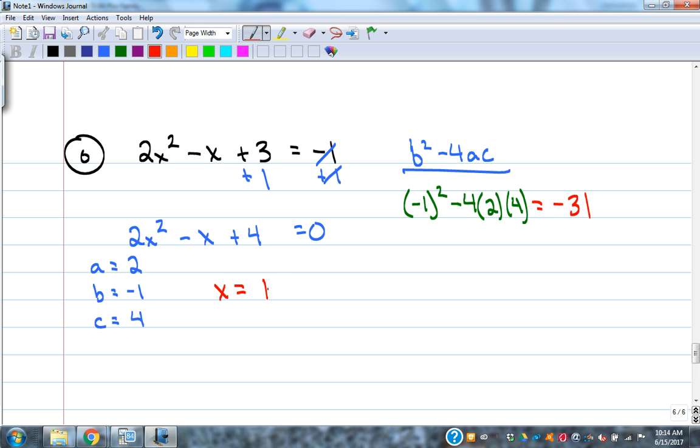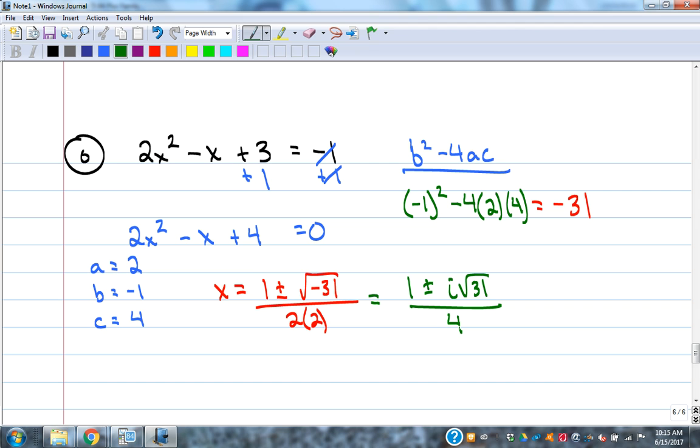Now, from there, we're just going to simplify or work out our formula. X equals negative b plus or minus the square root of negative 31 over 2 times 2 this time, since a was 2. 31 happens to be a prime number. It doesn't break down any. So the only thing that comes out when I do my square root there would be the i. There's nothing else we can do. You don't get a decimal approximation when there's an i in the answers.